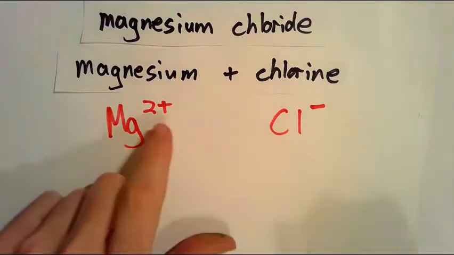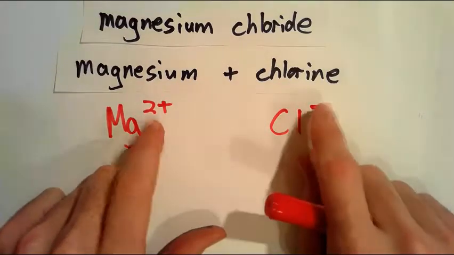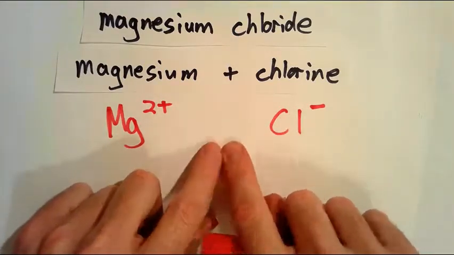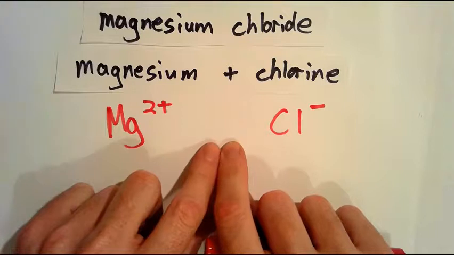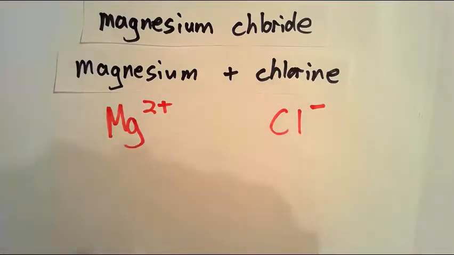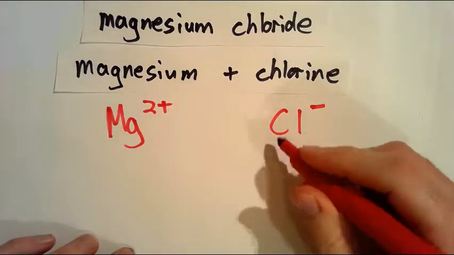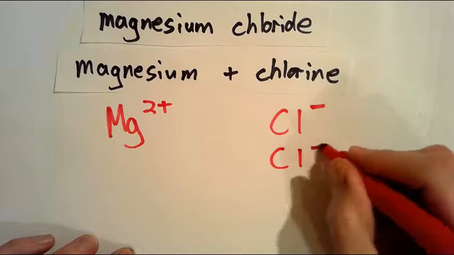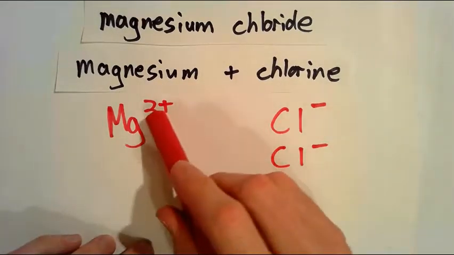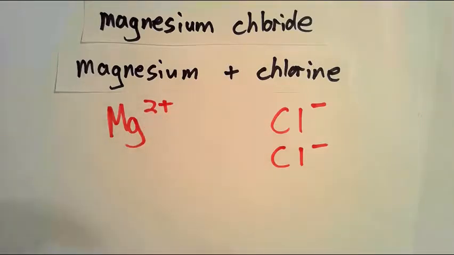Okay, so then we have a +2 charge and a -1 charge. So if we add these two together, we will not get a net charge of 0. +2 plus -1 doesn't equal 0. So we're actually going to need two chlorines for this to work out. I need two negative charges to balance out my two positive charges.